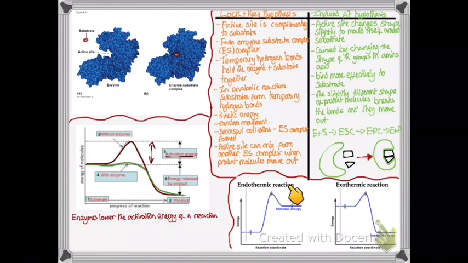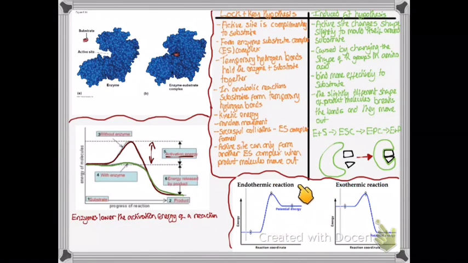So this is an endothermic reaction, this is an exothermic reaction. This is not in the book, but maybe we get some questions where you have to suggest which one belongs to what sort of reaction. An endothermic reaction is one where the product has more energy than the original substrate because we've put lots of energy into it.